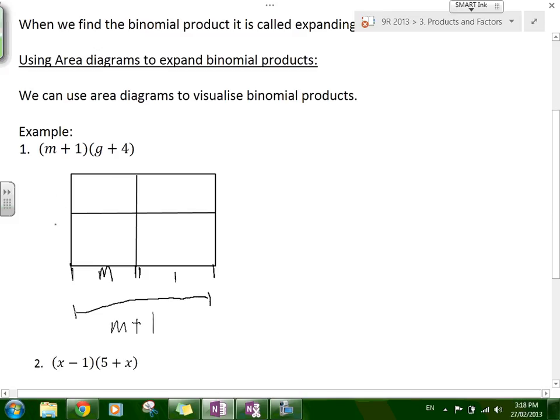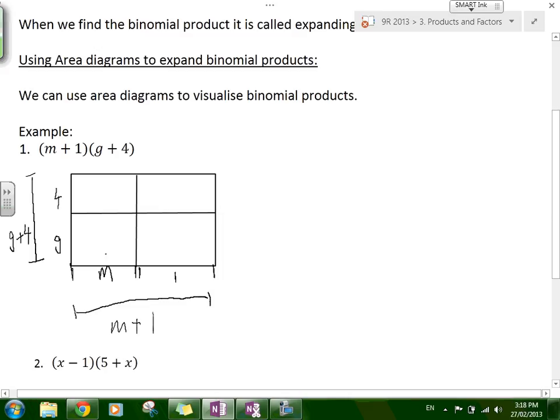If I do a similar thing here, if I call this one G, and I call this distance 4, what is the total distance along this edge? G plus 4. Now I know that this is G, this is 4, this is M, and this is 1. I can now work out each of the four areas individually.